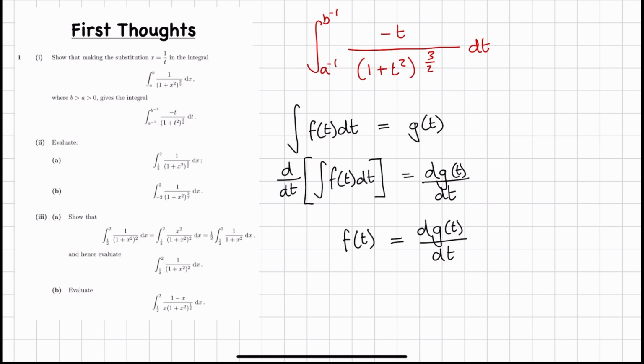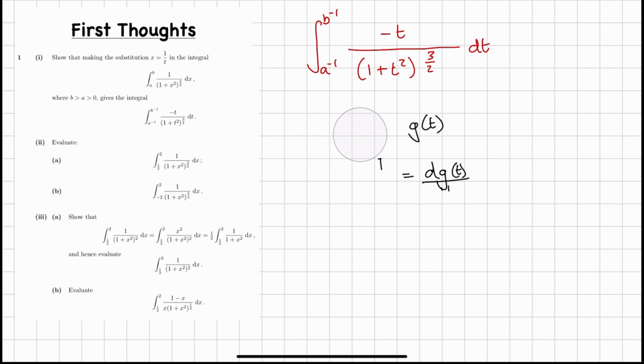So maybe it would be easier for us to think about what we would have to differentiate in order to get our function that is inside of here.